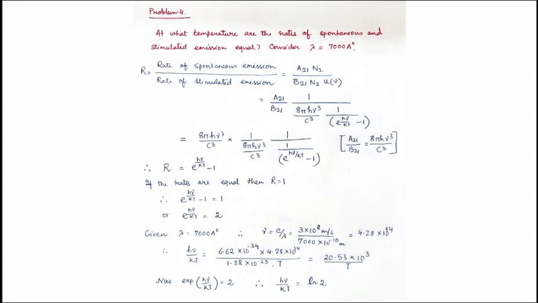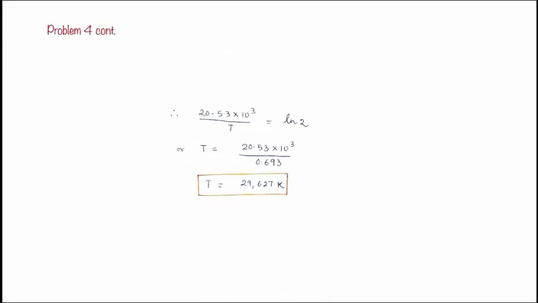We put it back into the equation e to the power h nu by kT equal to 2, solve for T, and we get T as 29,627 Kelvin. So this is about problem number 4.